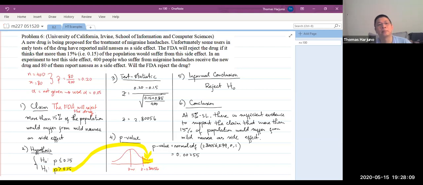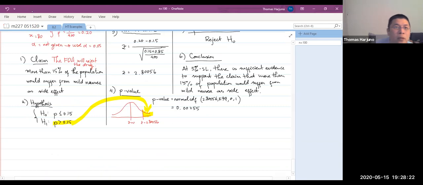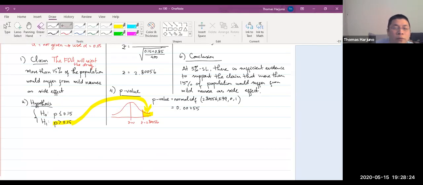Okay, that's for example number 6. Now, if we look back at what we have done so far, let me use another color so that we don't get confused.